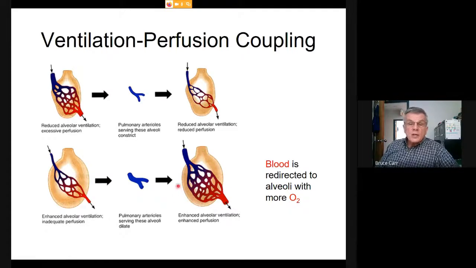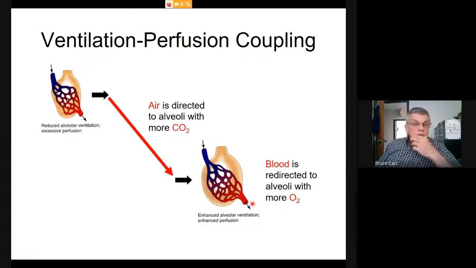So the conclusion to remember from this kind of simple comparison is that blood is redirected to the alveoli with more oxygen. So more oxygen, that's where we're going to send the blood in the capillaries and the walls of the alveolar sacs.